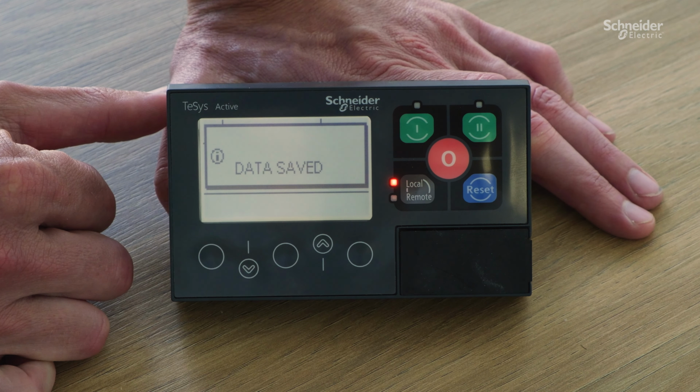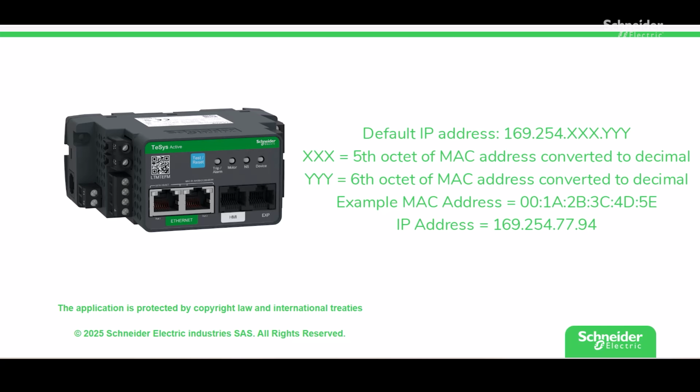For the TeSys Tera, the default IP address of the unit can be found by using its MAC address, which is printed directly above the Ethernet ports. The default IP address is constructed from 169.254. Two numbers after that. The second last number is the second last octet of the MAC address, so in the example here is 4D in hexadecimal converted to integer, which is 77.